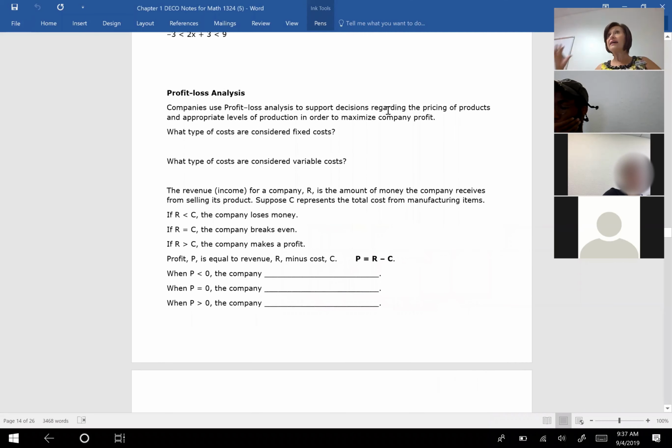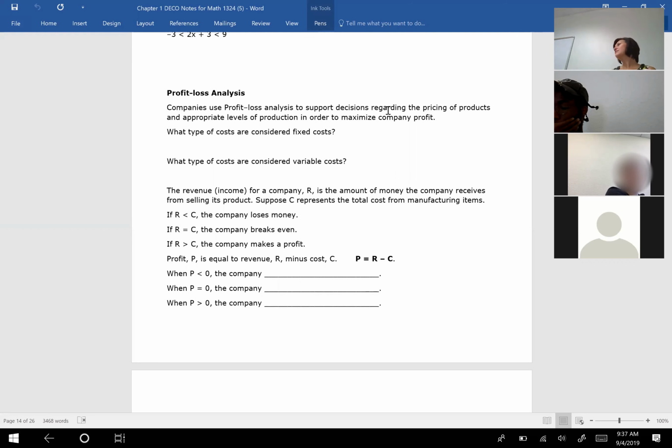Now, if you're going to own a business, or if you're going to be employed for a business and part of your job is to try to make sure that the company doesn't lose money, because clearly that's not a good thing. If you're losing money as a business owner, you're not going to be in business very long.